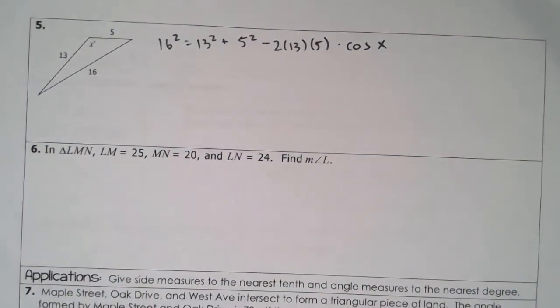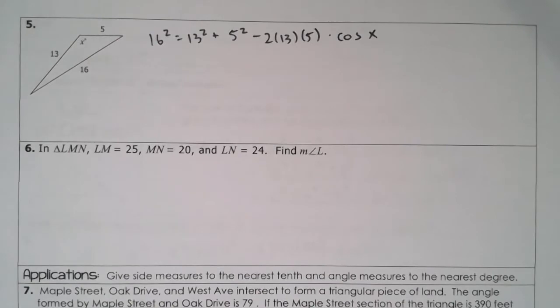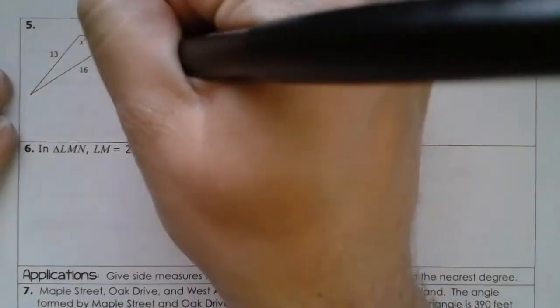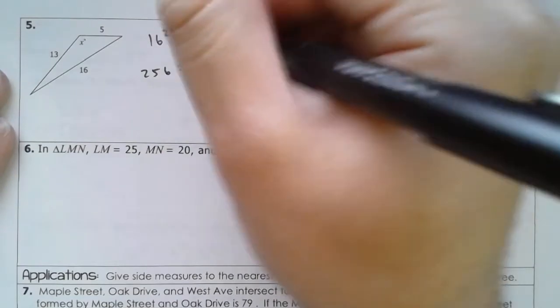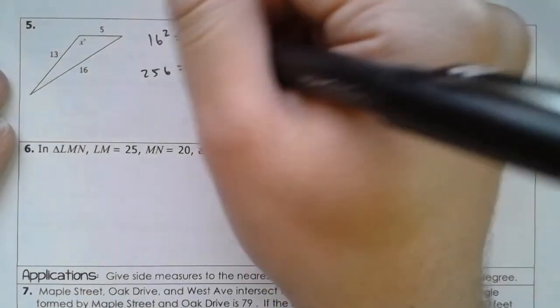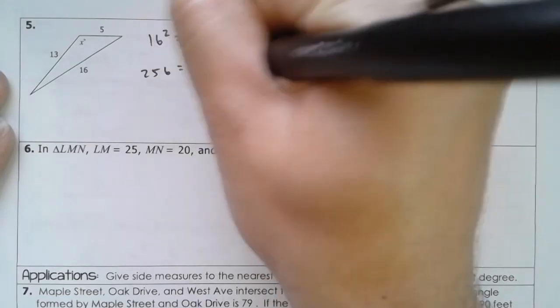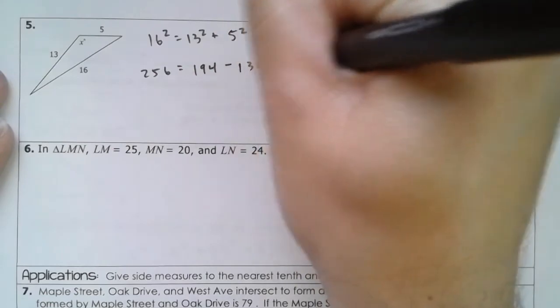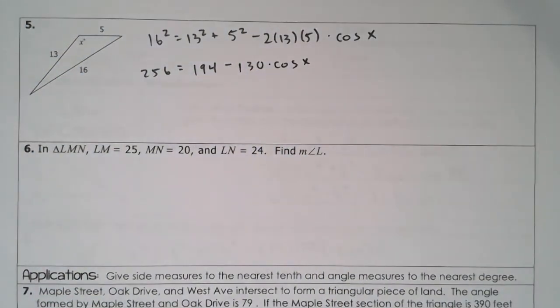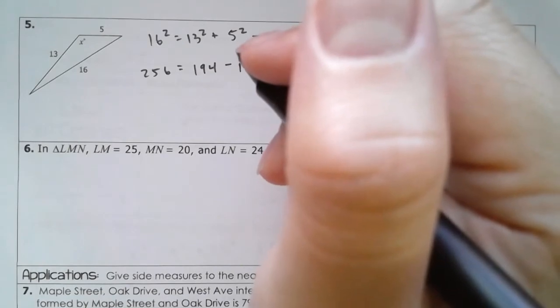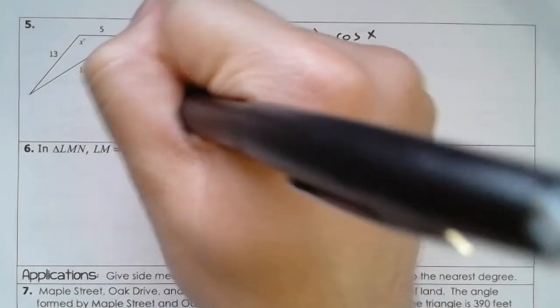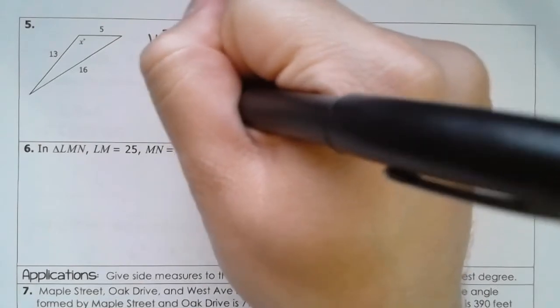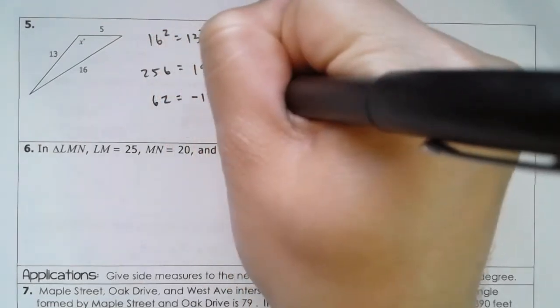You would compute this, and you're going to get 16 squared, 256, equals 169 plus 25, which is 194, minus 130 times cosine of x. Subtract that from both sides and you get 62 equal to negative 130 times cosine of x.